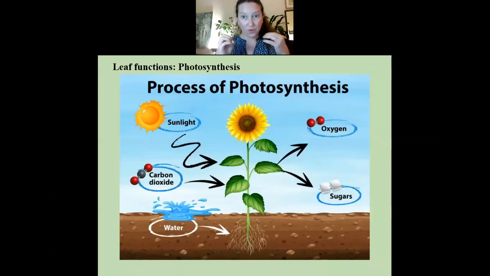The most important thing in terms of the leaf is that photosynthesis happens in the leaves. Leaves are where carbon dioxide gas is entering, and where the carbon dioxide, via sunlight and water, is converted into sugars. Leaves then ultimately release the oxygen into the air. So photosynthesis is a very important function of the leaf.